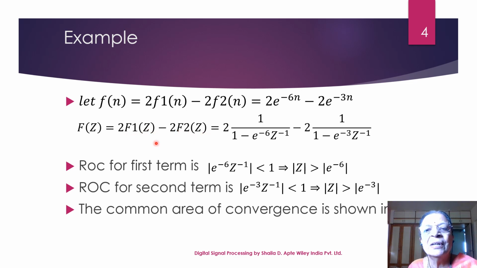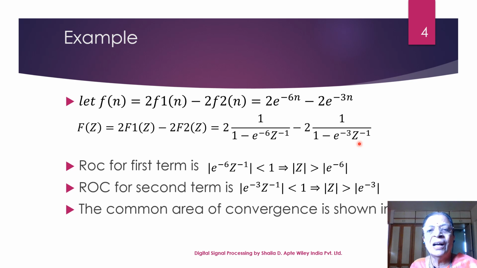What will be F1(z)? F1(z) we will write directly in the form of closed form expression, that is 1 upon 1 minus e raised to minus 6 into z inverse. For the second term it will be 1 minus e raised to minus 3 into z inverse.